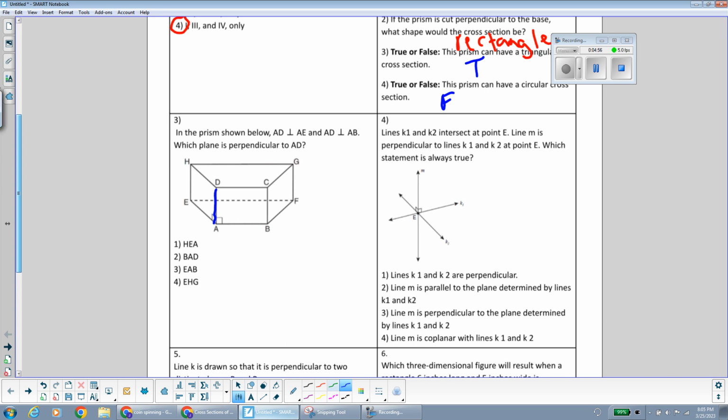HEA. That's our first choice. BAD. That's our second choice. We have EAB.